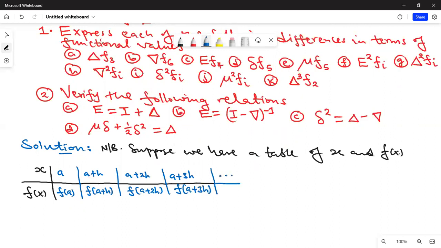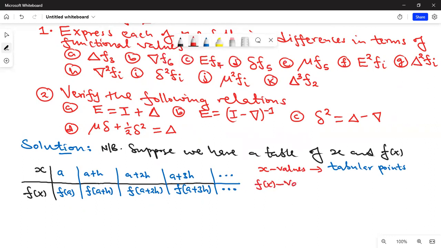There are so many other values we have left. So the x values, these are called tabular points. And the f of x values, f of x or the y values, remember y is the same as f of x.